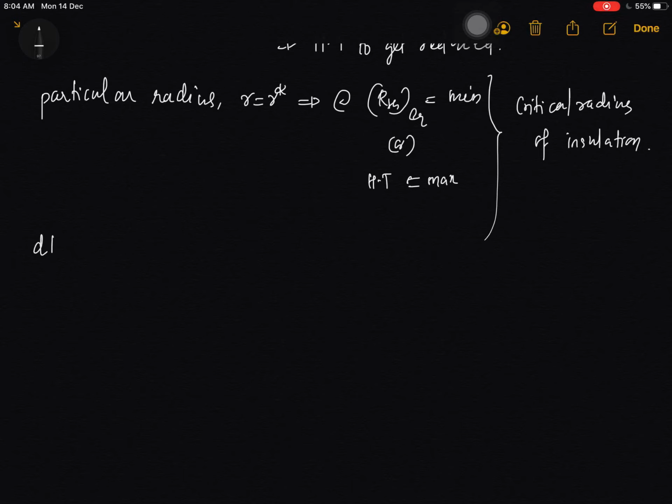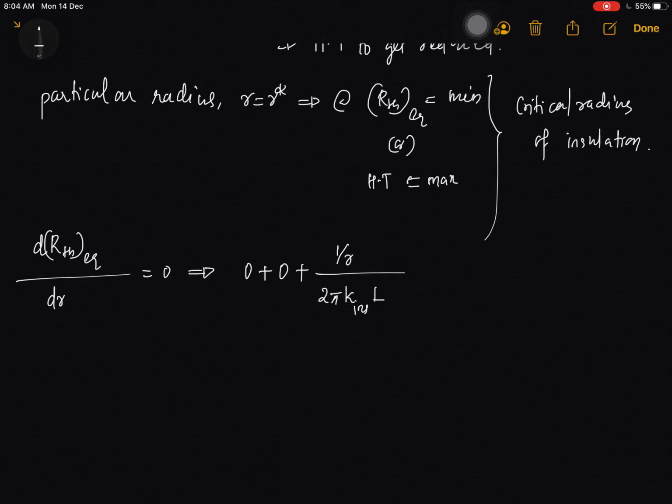To find this critical radius of insulation, we have to differentiate this RTH equivalent with respect to R and equate it to 0. Doing this, we get 0 plus 0 plus 1 by R by 2 pi K insulation into L minus 1 by Ho 2 pi R square into L, which will be equal to 0.